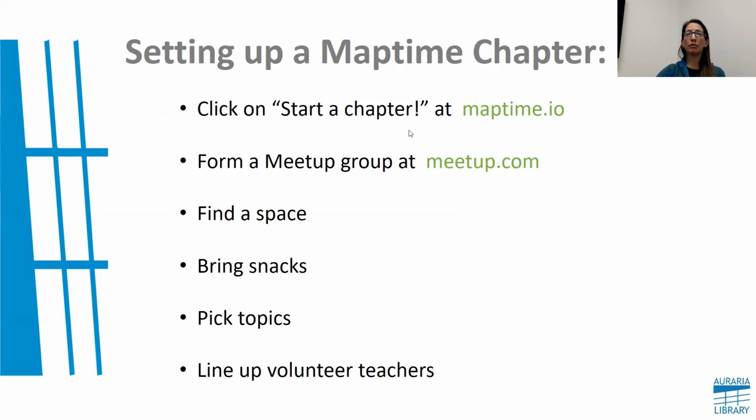So I go through meetup groups to advertise these, but that's not necessary. It's just a very common way that a lot of people get the word out about MapTimes existing, because anybody that's logged into meetup.com and they've indicated their interest is, I like maps, or I like technology.